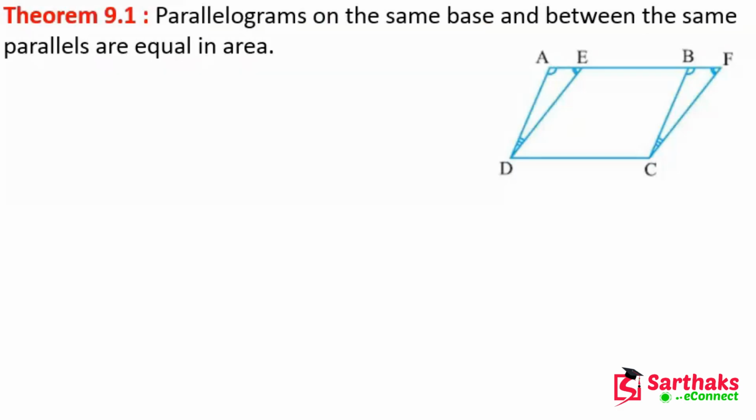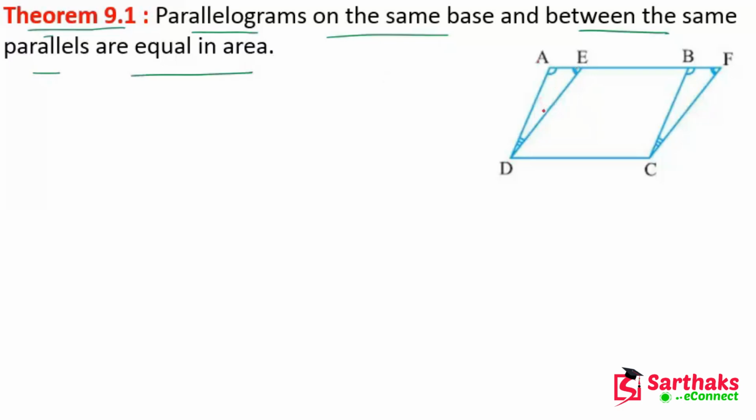Now let's see the theorem based on this topic. Theorem 9.1: parallelograms on the same base and between the same parallels are equal in area. We have two parallelograms on the same base and between the same parallels.